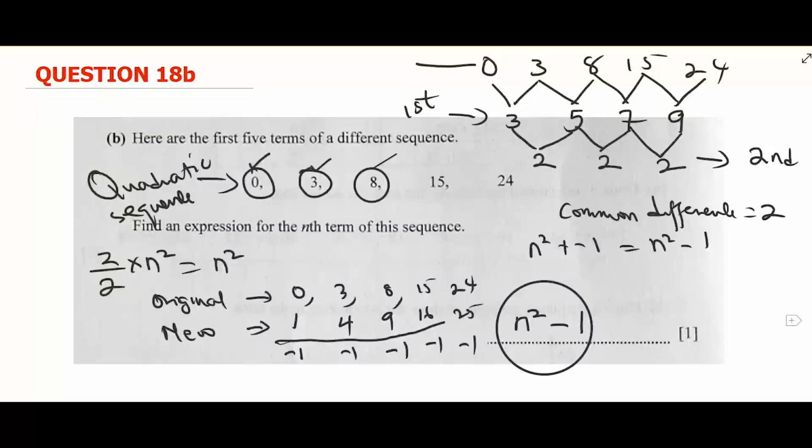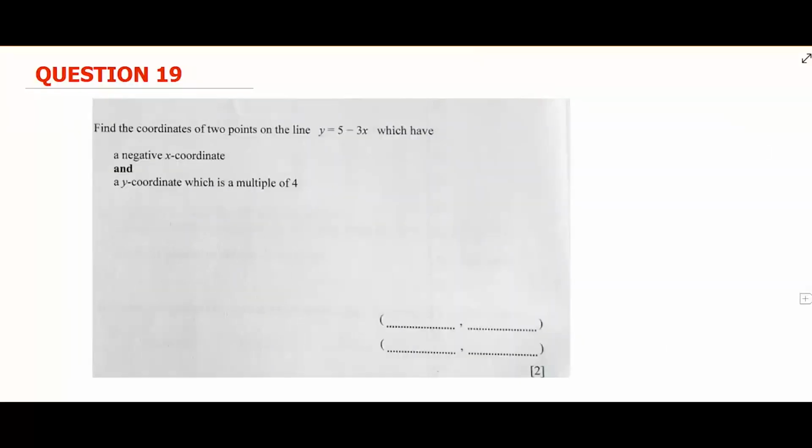So the next one is question 19. Find the coordinates of 2 points on the line y equals 5 minus 3x, which have a negative x coordinate and a y coordinate which is a multiple of 4. So from this condition, that means your x must be a negative number or negative integer.